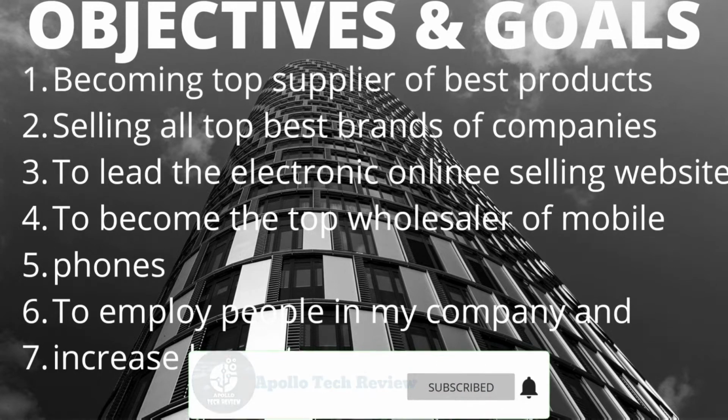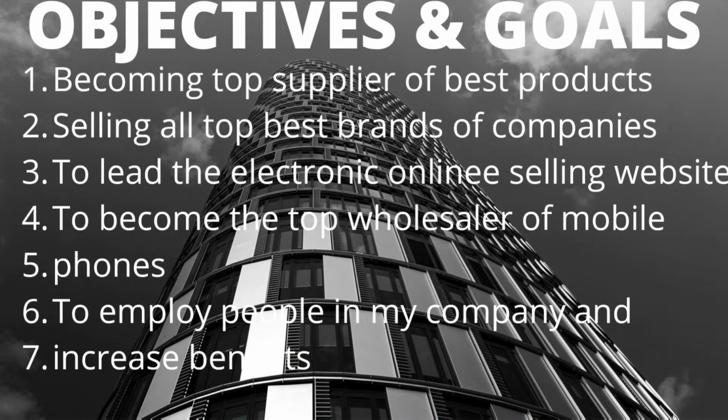Another example, you can say you want to sell all top brands in electronics, such as Samsung, iPhones, Huawei, and you say in 6 months I want to ensure I have all such brands. Those are the goals and targets which you can set and achieve in the short term, in months, for example 1 year. But if you go into like 2 years, those are like visions.